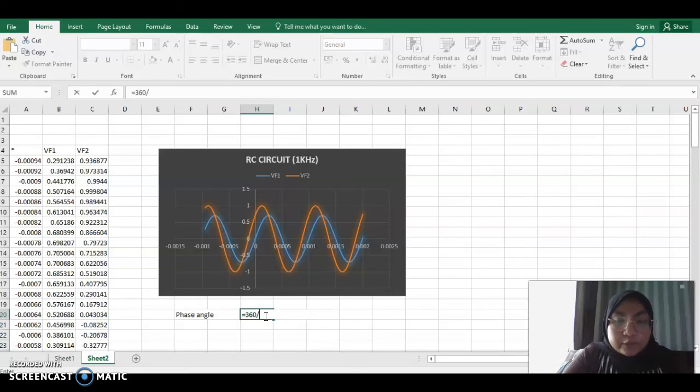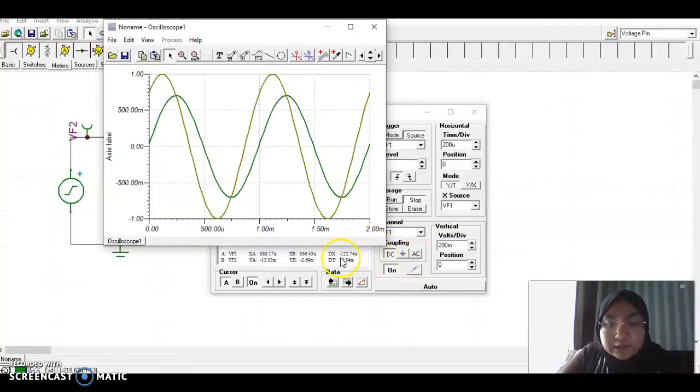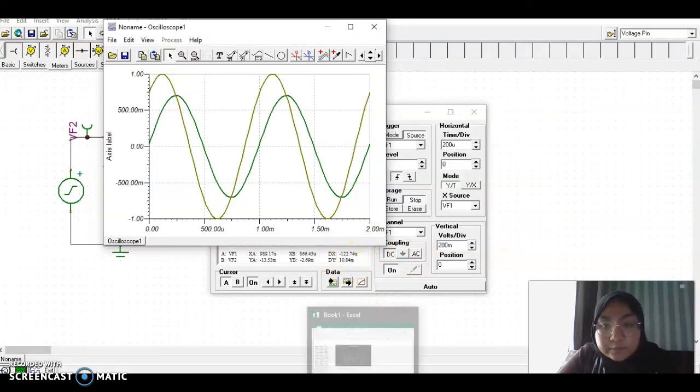Period we can get as 1 over frequency, so it is 1 milli, 1E negative 3, times phase shift. Phase shift we can get from the data here, which is negative 122.74 micro.